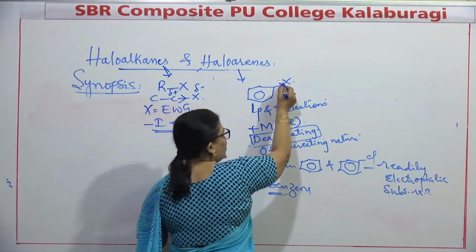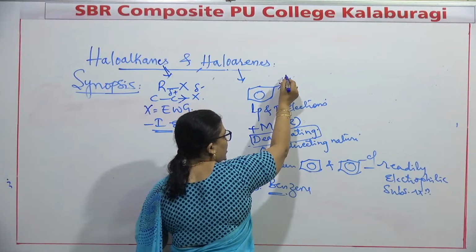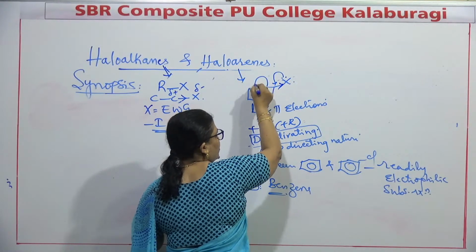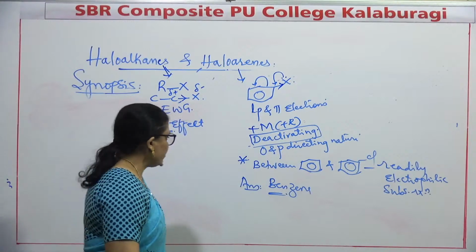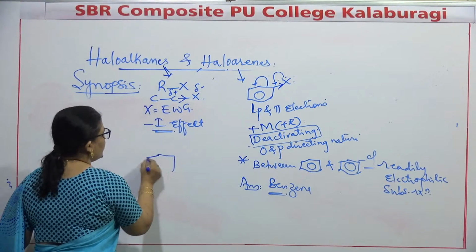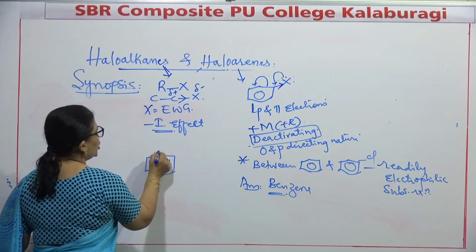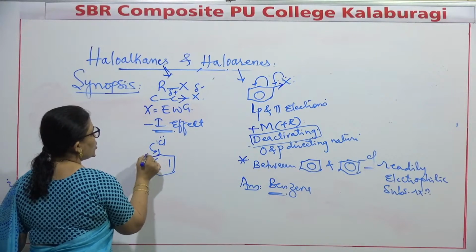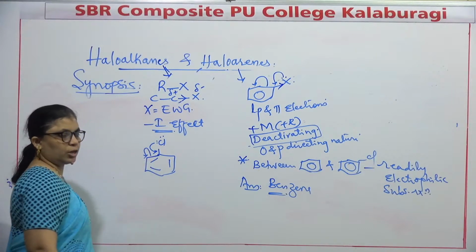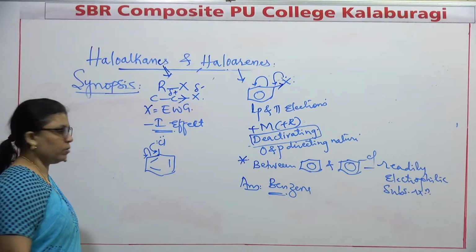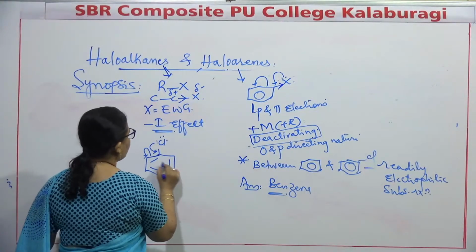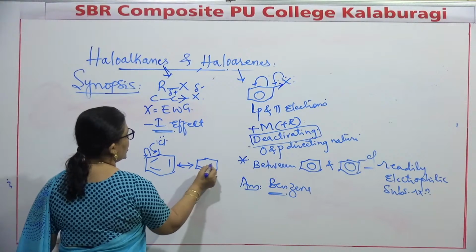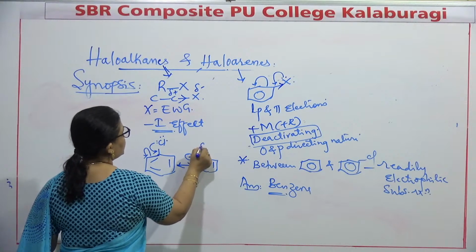But the delocalization takes place in such a way that the lone pair of electrons will be shifted, and the pi electron will be transferred to the adjacent position. Therefore, we'll get the resonating structure like this.